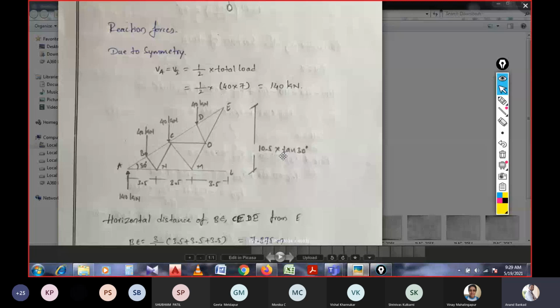It is not necessary that it should be correct. Yes, tell me. Are you people getting it? Equilateral triangle, sir. Vertical distance is 10.5, 3.5. Yes. Then the angle is 30 degrees.